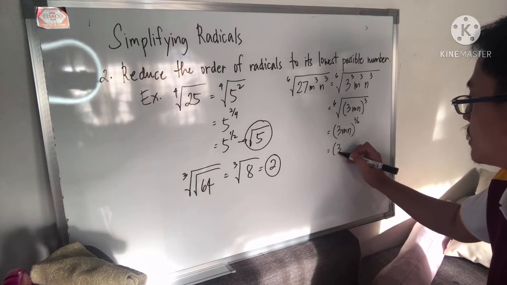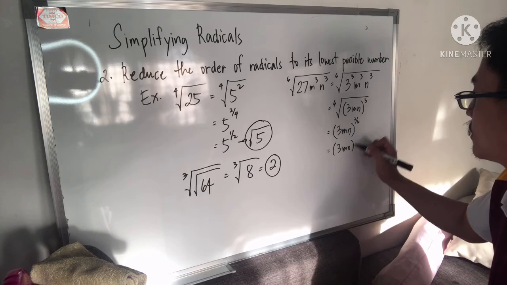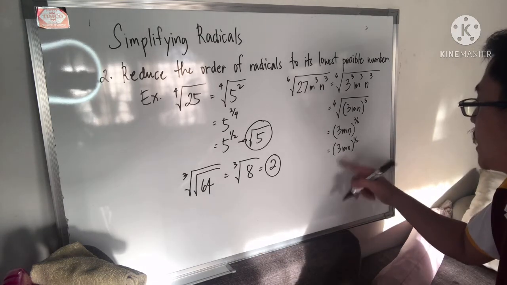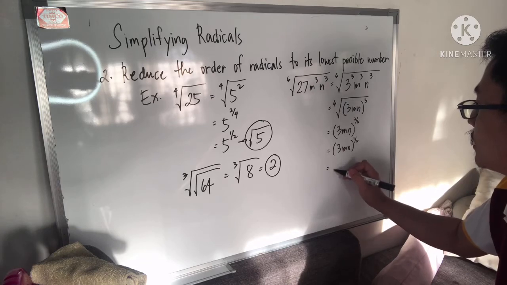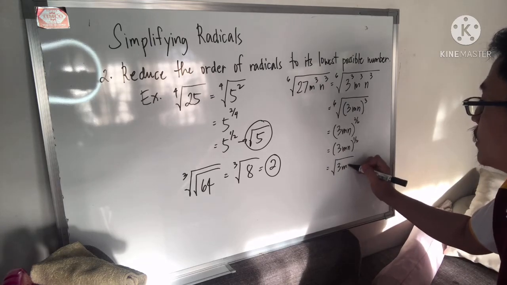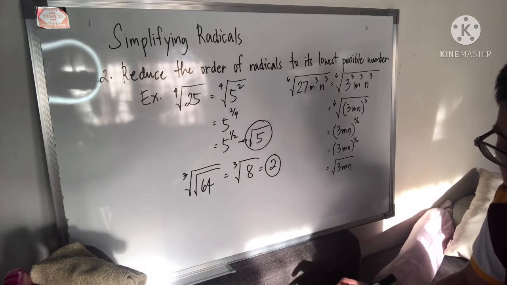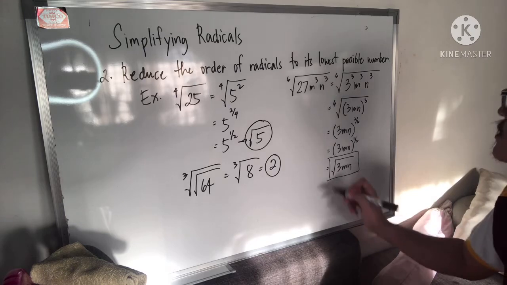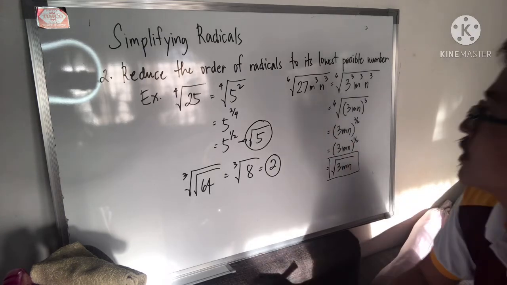That is 3mn raised to 1/2. And then the 1/2, we'll convert back to a radical. Since it's 1/2, that becomes the square root of 3mn. So, that is the simplified answer for this given.